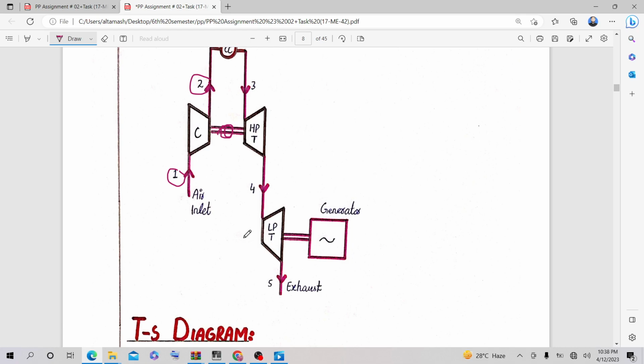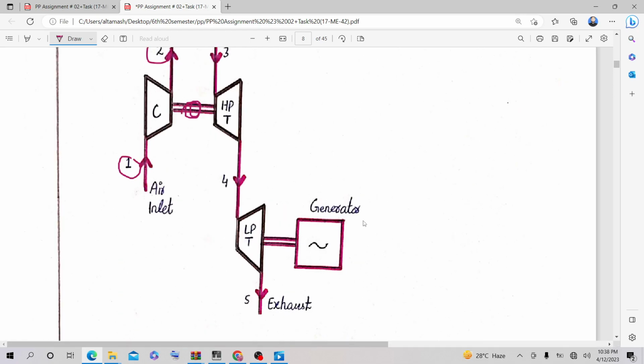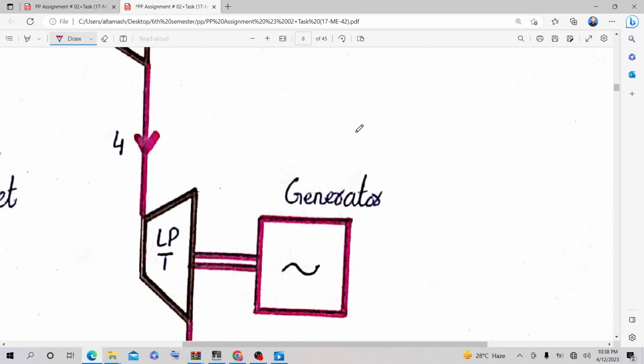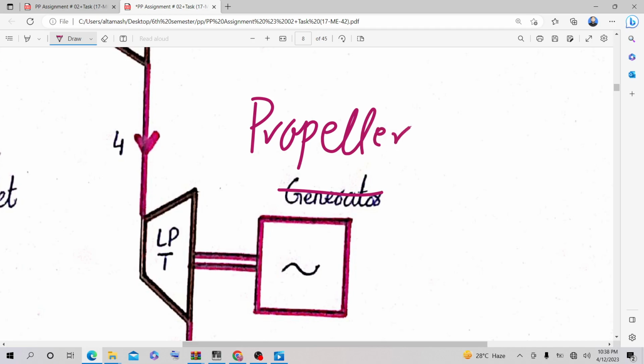And here the writer of this assignment has written generator, but here it is not generator, it is actually propeller.